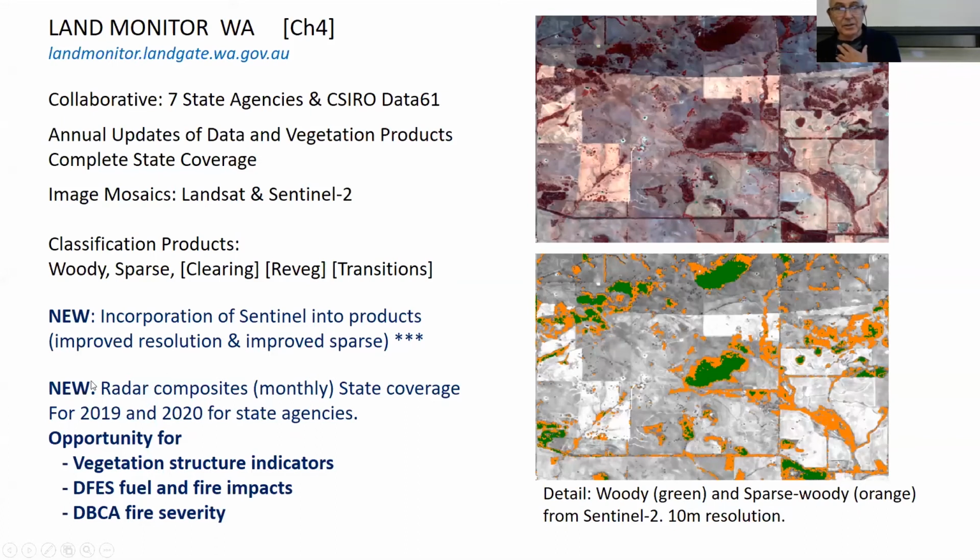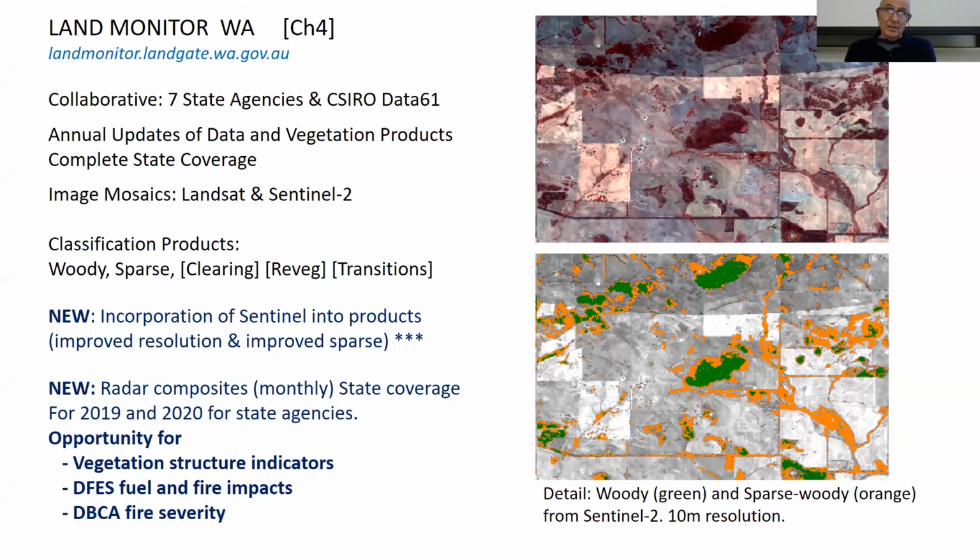And new to me, I just found out in researching this talk, so it's not in the report, they're now providing radar composites, like 12 a year, so monthly radar composites from Sentinel-1. Complete state coverage, they've done that from 2019, and are in the process of doing 2020.